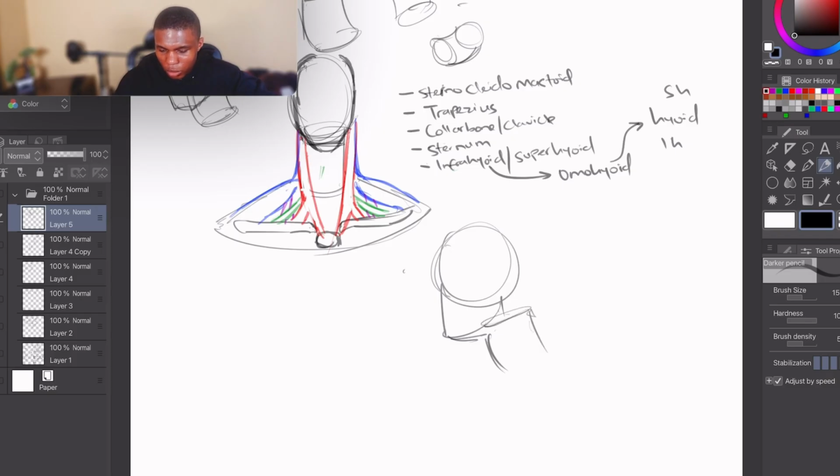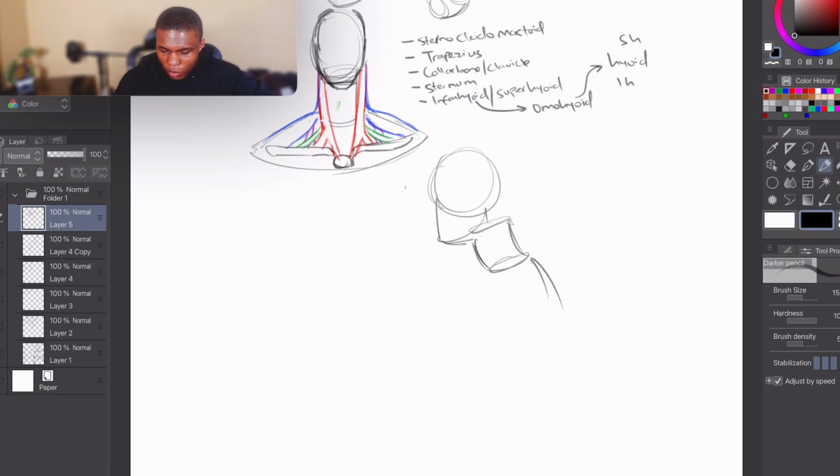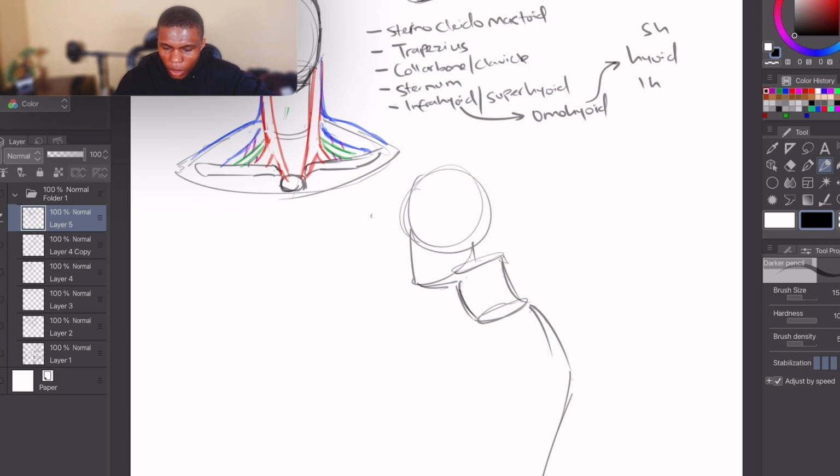So try to do that whenever you're drawing the neck, because there's this little bump over here, and then it goes all the way down to our lumbar area, and then of course our head is going to be like this. It makes it a bit more interesting, and it looks a bit more natural.